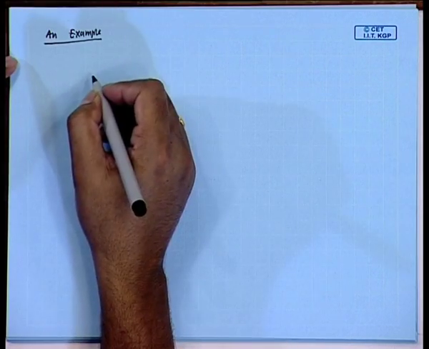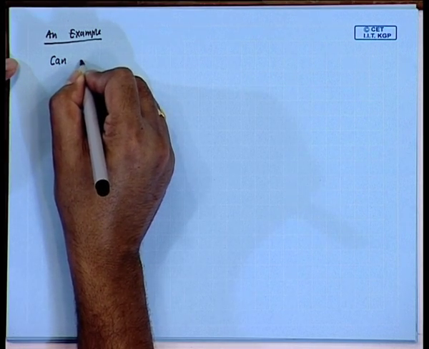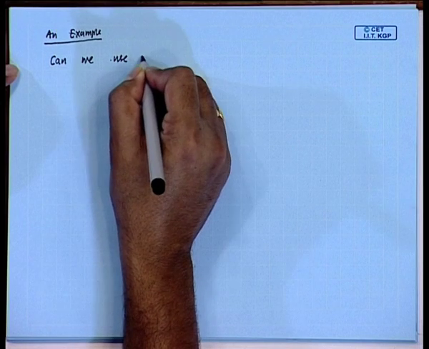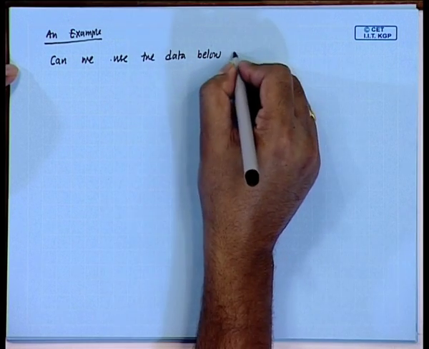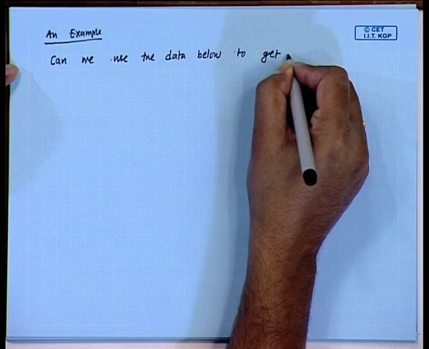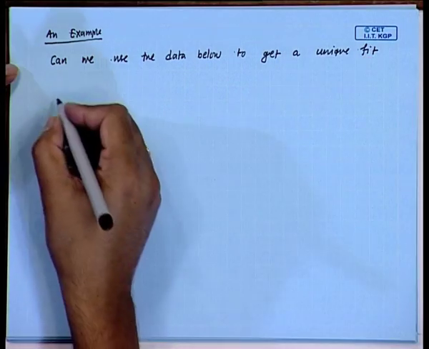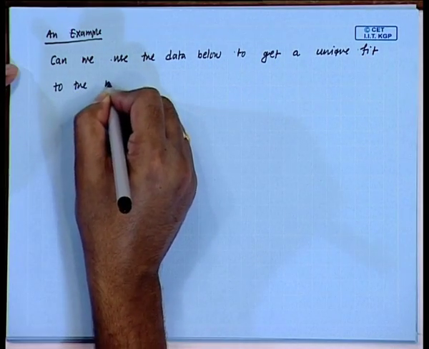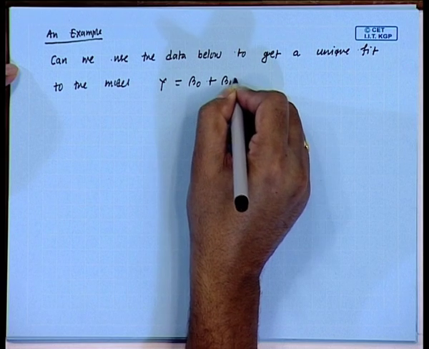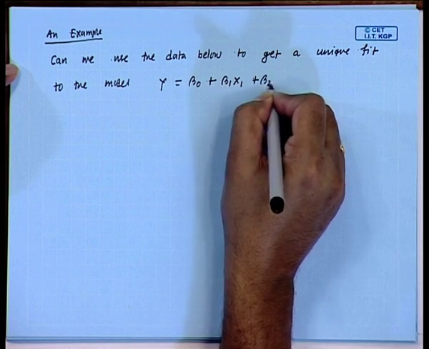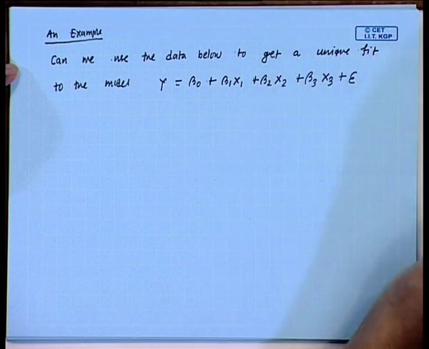An example. Can we use the data below to get a unique fit to the model y equal to beta naught plus beta 1 x 1 plus beta 2 x 2 plus beta 3 x 3 plus epsilon?